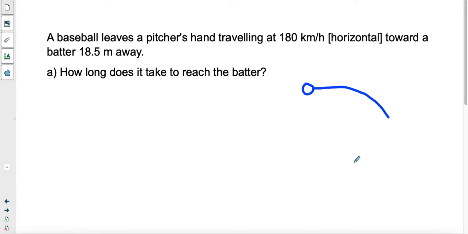It's going to look something like this. We know they threw the ball at 180 kilometers an hour, and we want to figure out here, how long will it take to reach the batter?